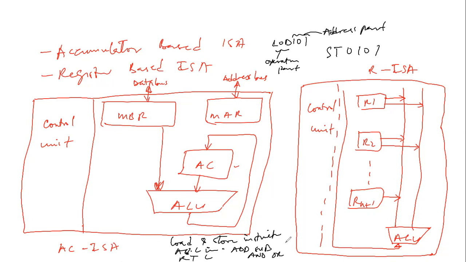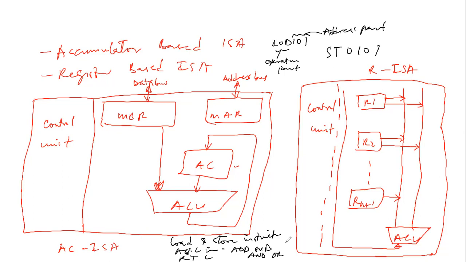So the register transfer language specifies the source or destination of information transfer, which could either be the register or memory contents. And then we now have the general register-based architecture.